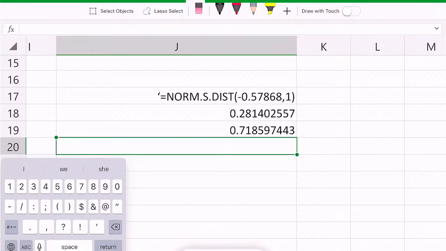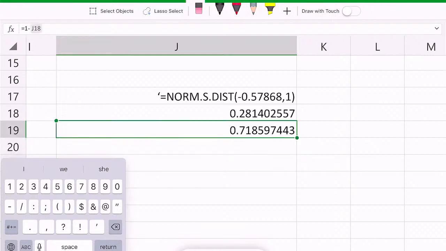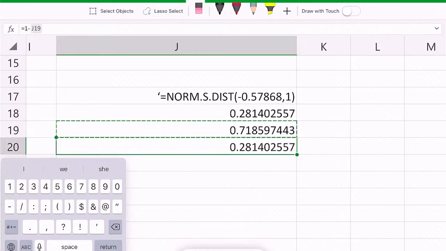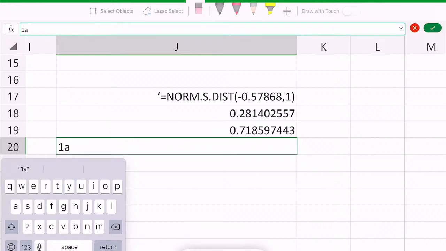71.85. So it's more like 72%. So I said 65. It's more like 72%. So let me put the formula for that. Are you learning something? Something new? What happened just now? Oh, that didn't work. I'm just going to write 1 minus.